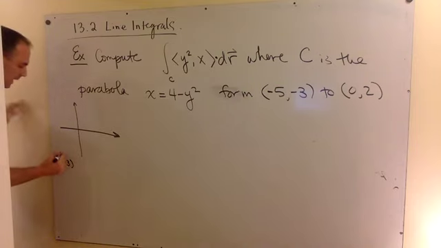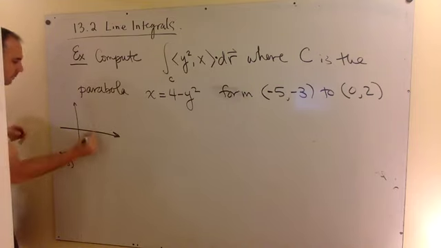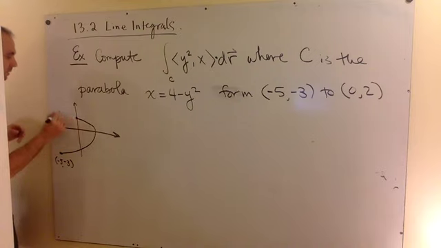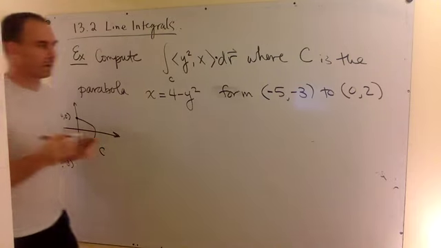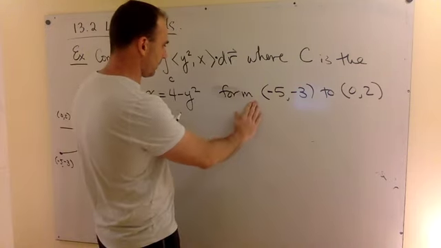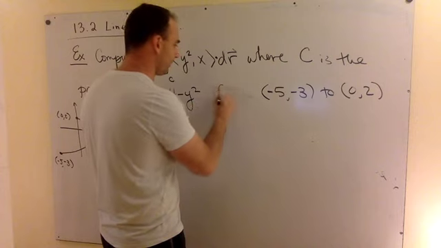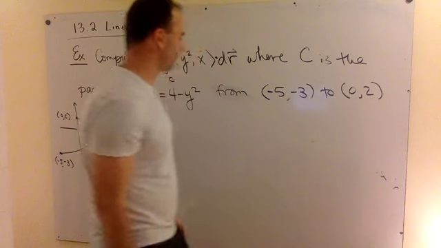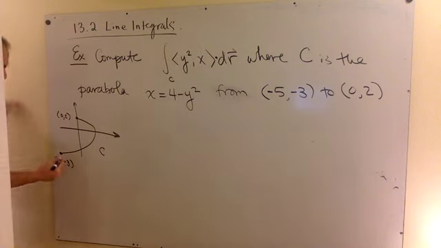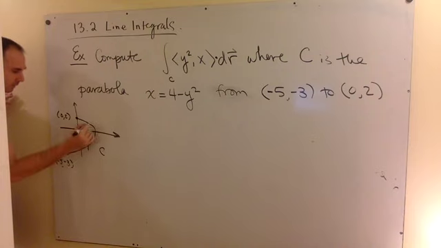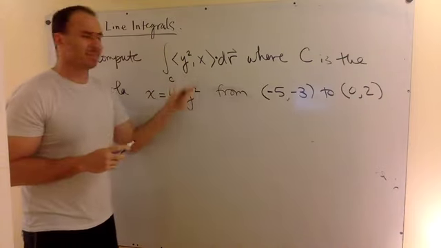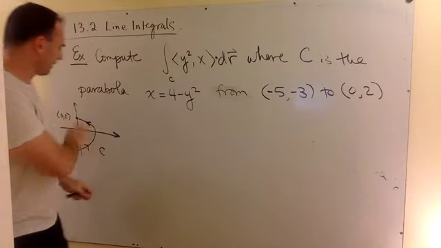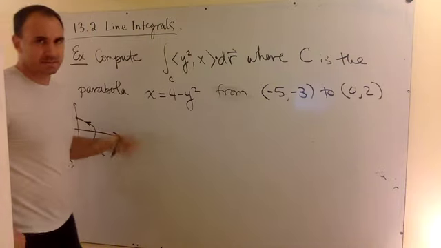Then this parabola goes up to 0, 2. It should be from negative 5, negative 3 to 0, 2. A particle moving along this curve starts here and goes here. And then we've got this vector field, and I'm not even going to try and draw it, but it's got some arrows here.